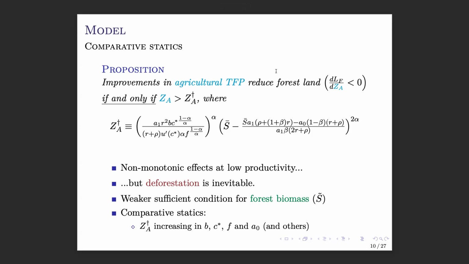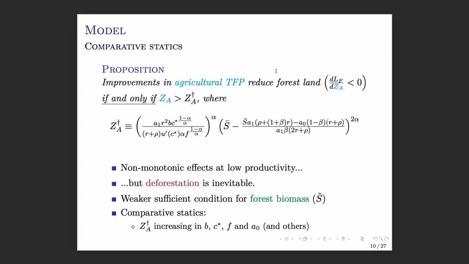Another comment I'll make, which is maybe at this point half-baked, is that this implies interesting comparative statics. So you'll notice that I can express this threshold in closed form, which means you can look at all these objects on the right-hand side of the equation and maybe identify some of them empirically in the pre-industrial data.